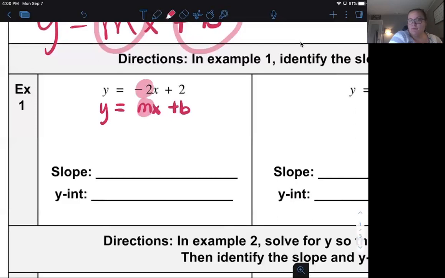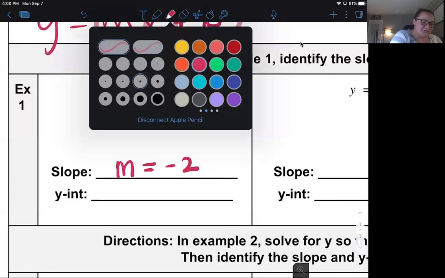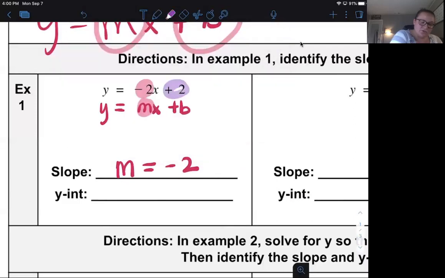Negative 2 is being multiplied by x, so our slope is m equals negative 2. Then what's my y-intercept? Remember, the y-intercept is b, or whatever's being added or subtracted to mx. In this case, it's 2. But when you talk about your y-intercept, you always want to think of it as a point. So we're going to write it as the point (0, 2).